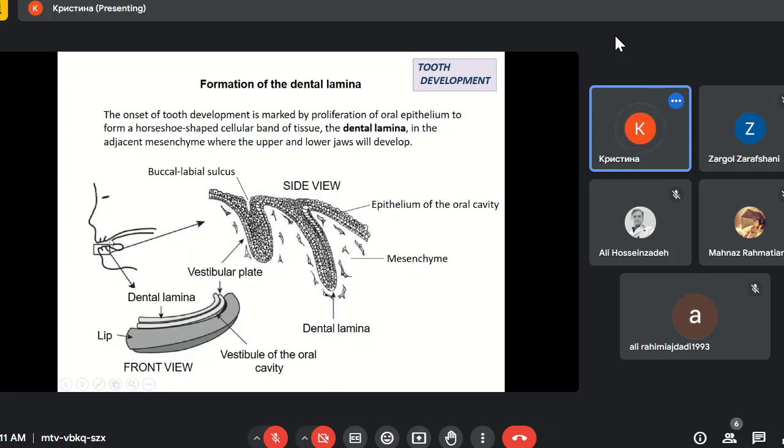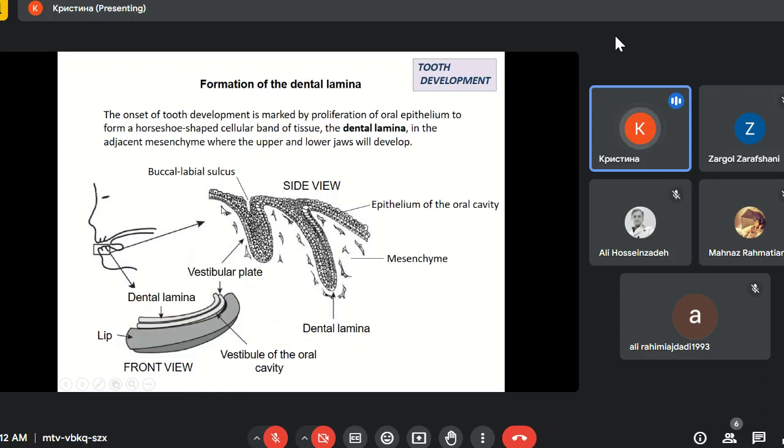You see in this picture the lateral view, and this is the section on the side view, and this is the front view. So this will be forming the lip. Here it is. It will be here in this picture.